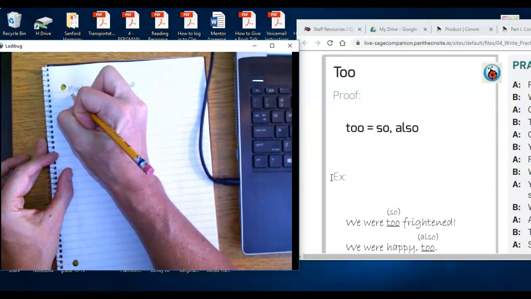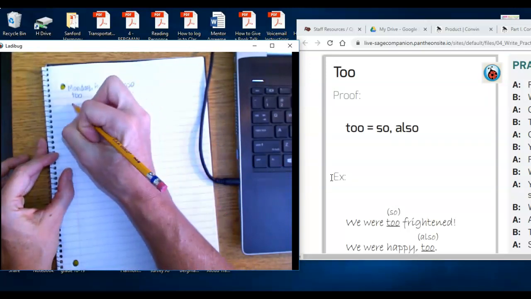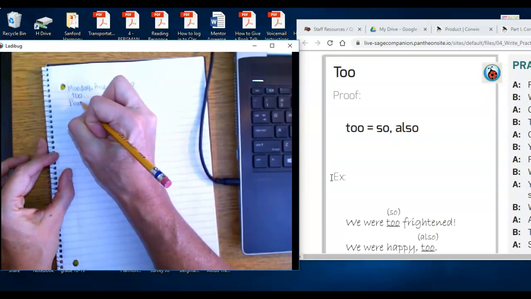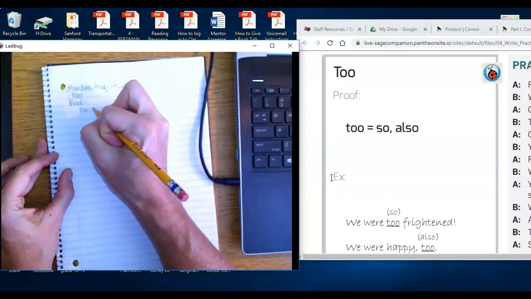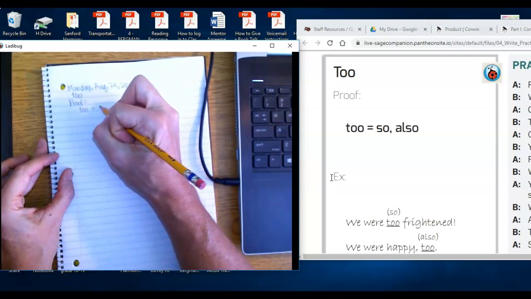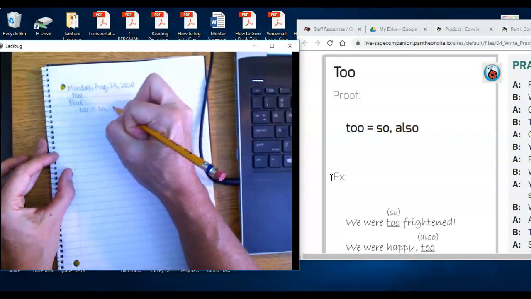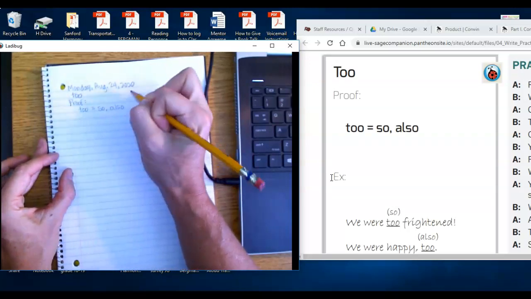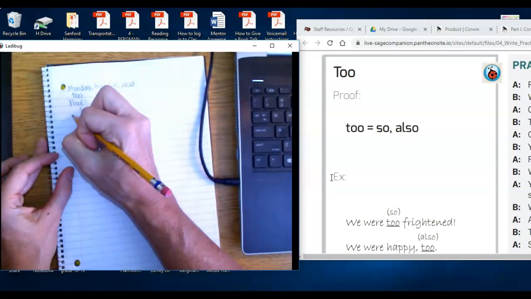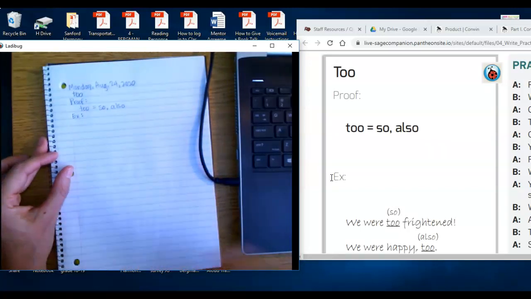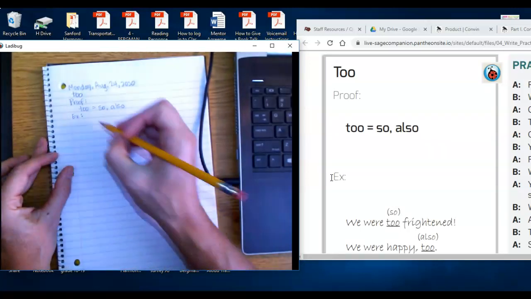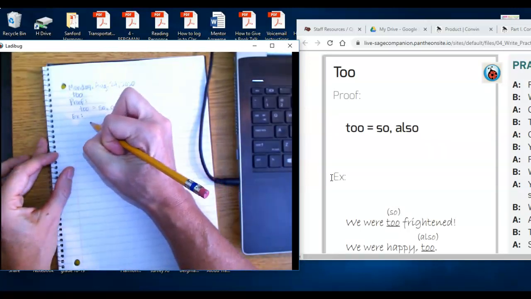So we'll start by writing our word to. Then we'll move down to proof. So TOO, the proof I would use could be the word so, could be the word also, and sometimes they'll both work. And then an example, and you can abbreviate just like they did on the screen. An example, and then we'll write those sentences just as they are written on the proof page.